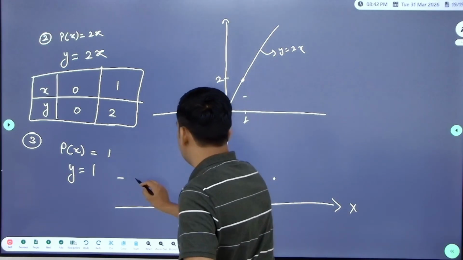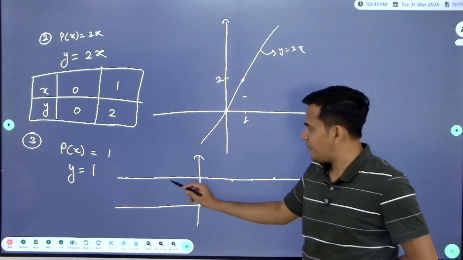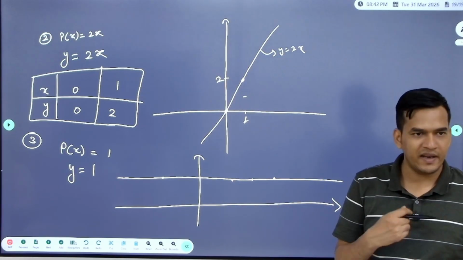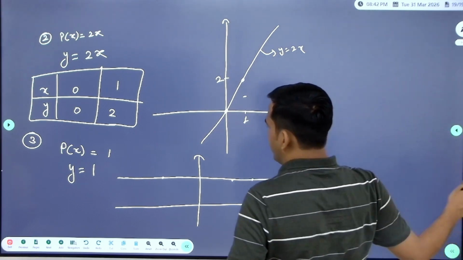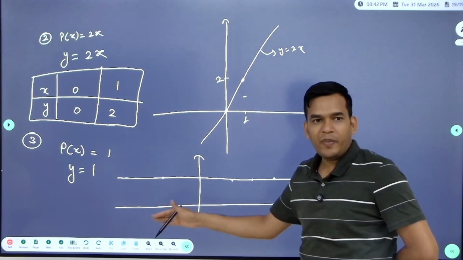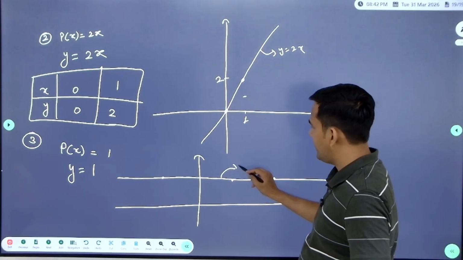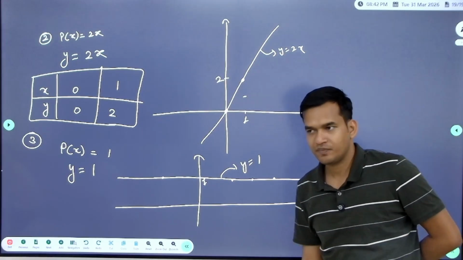So it will be a horizontal line. Here also y is equal to 1. Here also y equal to 1. For any value of x, y is always 1. So this is a line parallel to x axis. This line is y equal to 1 and this point is 0 comma 1.